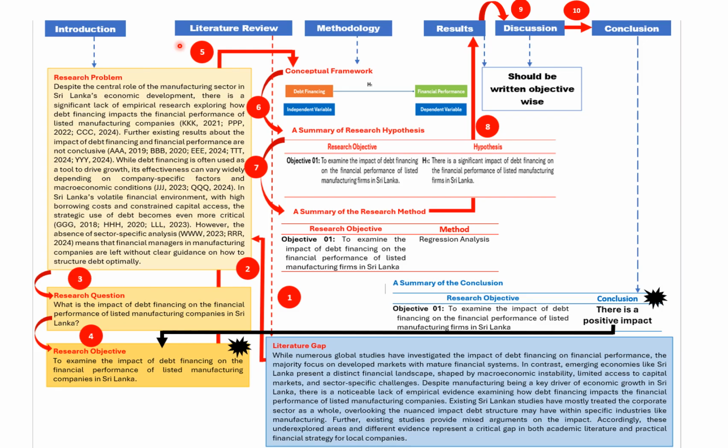Now, suppose you have done a comprehensive analysis and identified the current trends, and you have already finalized your research topic. So your research topic was the impact of debt financing on financial performance of listed manufacturing companies in Sri Lanka.